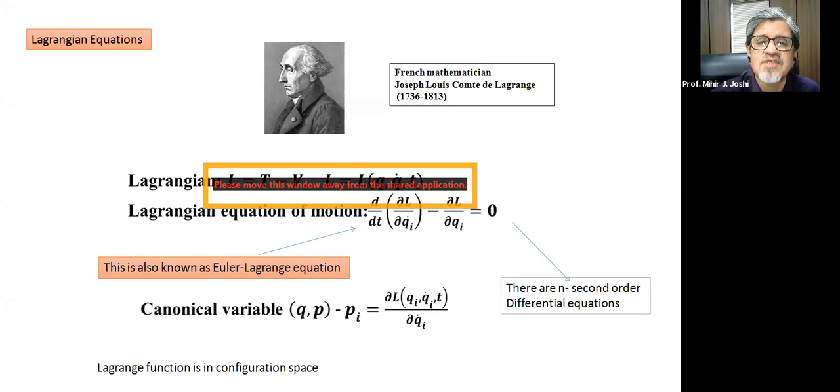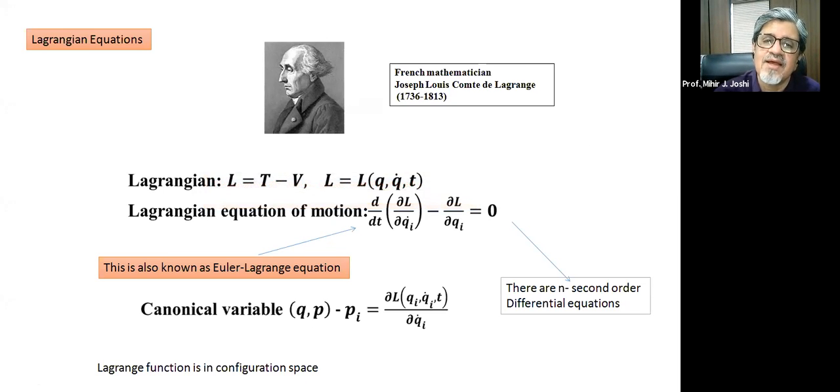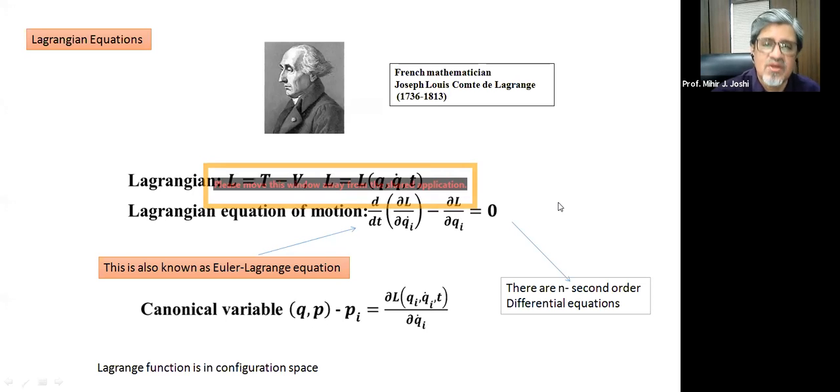And also it is represented as L equal to L function of q, q dot, and t. And we know very well that q is the generalized coordinate, q dot is the generalized velocity, and t is time. So Lagrangian is represented as L equal to T minus V, and also it is a function of q, q dot, and t.